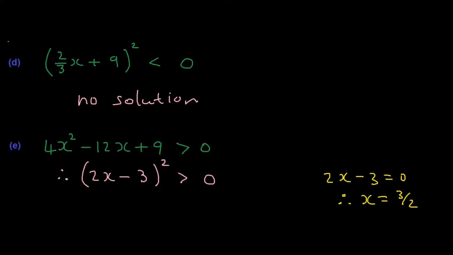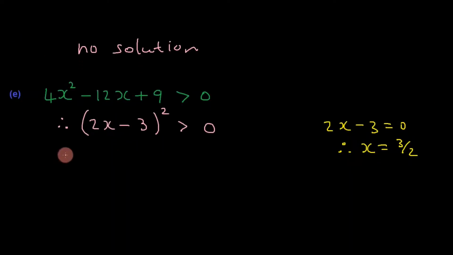So then the answer to this inequality is going to be x is an element of real numbers, but x cannot equal 3 over 2. Because when we plug in 3 over 2, the left-hand side will equal 0 and won't strictly be greater than 0. So x is an element of real numbers, but excluding 3 over 2.